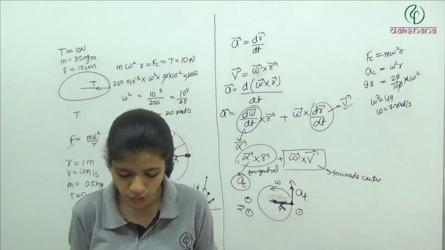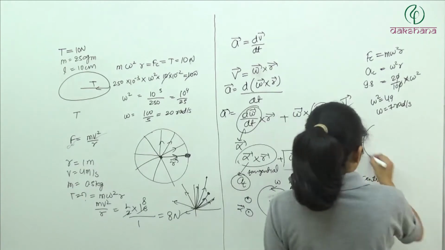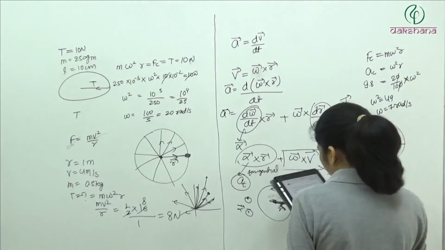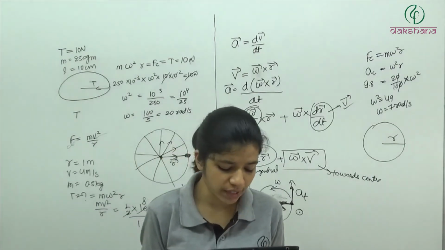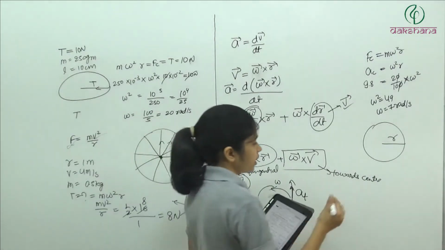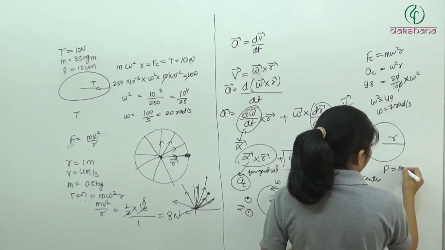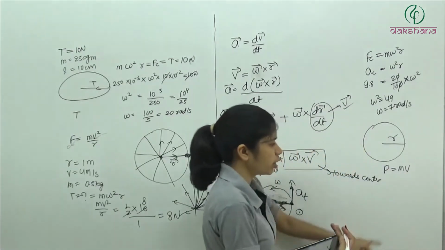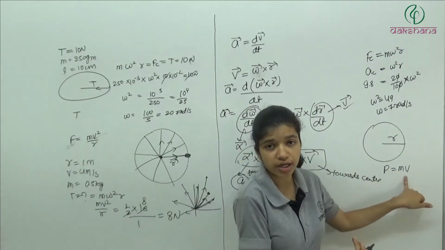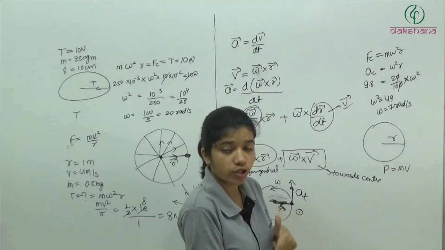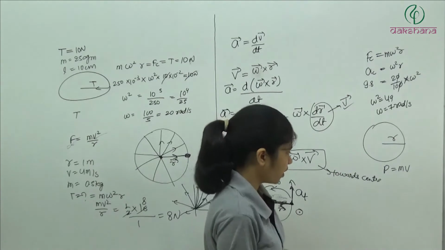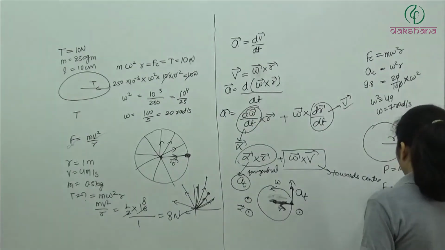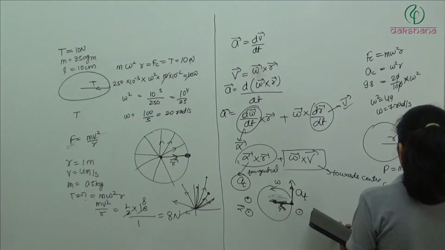A particle of mass m is executing a uniform motion along a circular path of radius r. If the magnitude of its linear momentum is p, linear momentum will be m into v, and here v is constant. Speed is constant because it is uniform circular motion. The radial force acting on the particle will be mv square by r.